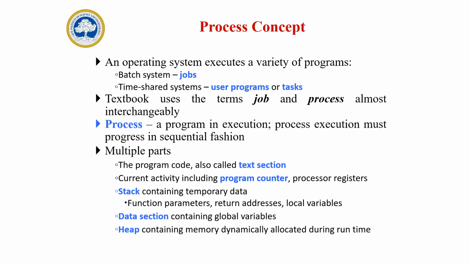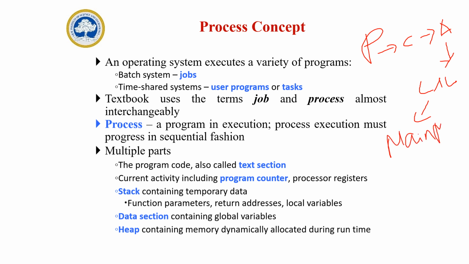When the program is converted into a process, as we already know, after compilation, then assembly, and then by using the linker and the loader, it goes to the main memory.